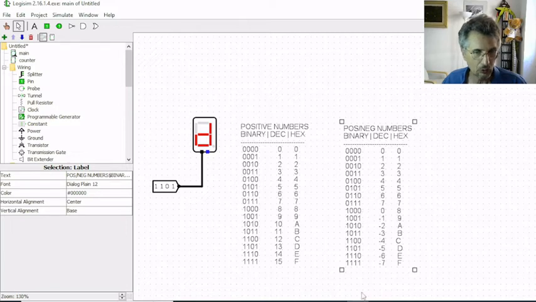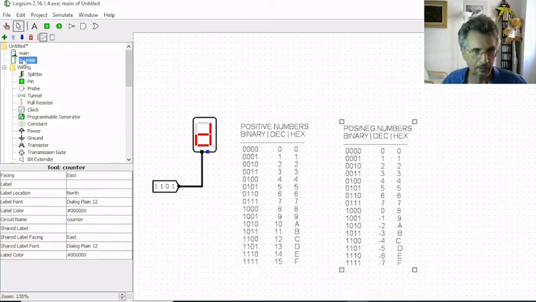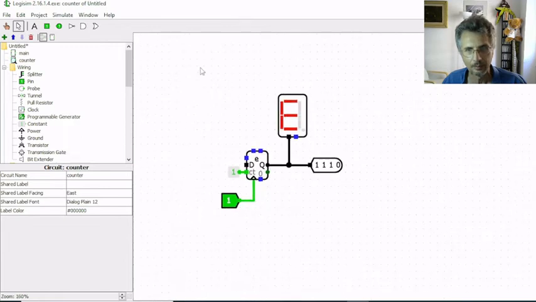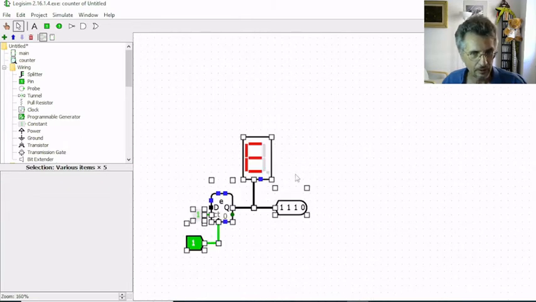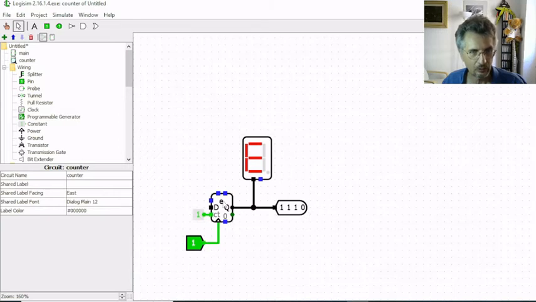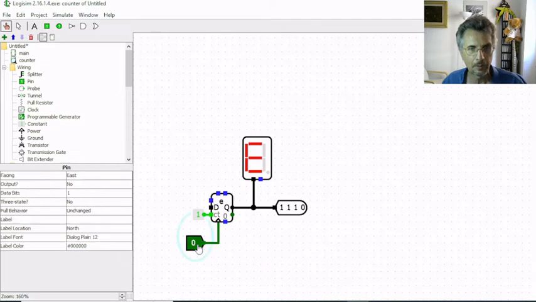And so I want to show you a better method, and this is it. Here we have a counter. This is a down counter, a 4-bit counter that counts backwards from F till 0 going down.